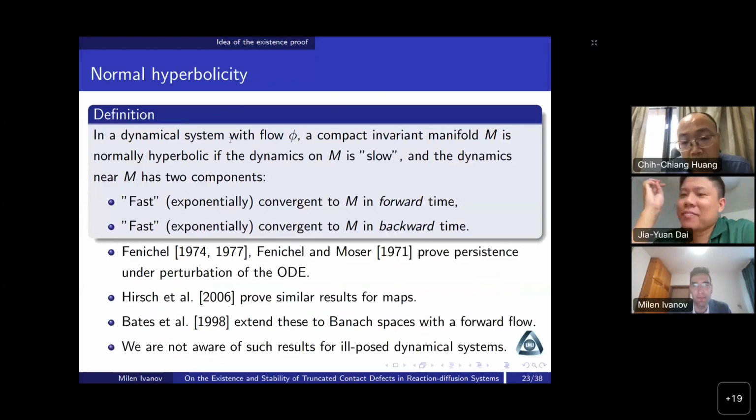If I have a dynamical system with flow, a compact and invariant manifold M is normally hyperbolic if the motion on M is, quotation mark, slow, think let's say polynomially quickly moving, and the dynamics nearby has fast components which converge to M in forward time, and exponentially fast in backwards time. So we can think of this compact manifold M as having a stable and unstable manifold.